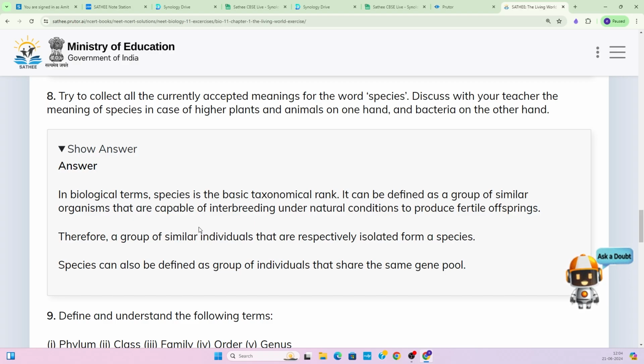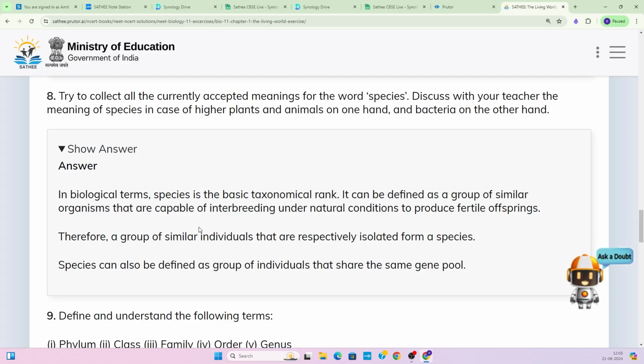If they are not a species, then they will not give fertile offspring. Therefore, a group of similar individuals that are reproductively isolated form a species. They generally don't breed with other types of species. They breed with themselves, and that is called interbreeding.